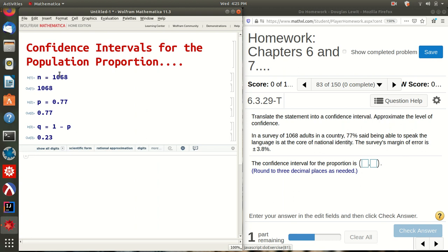Okay, and the margin of error is equal to 0.038.